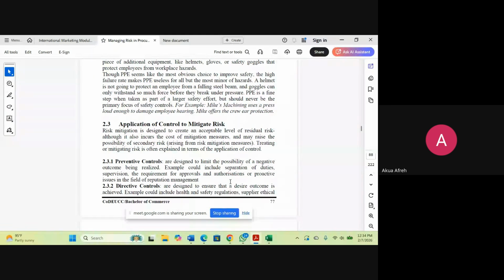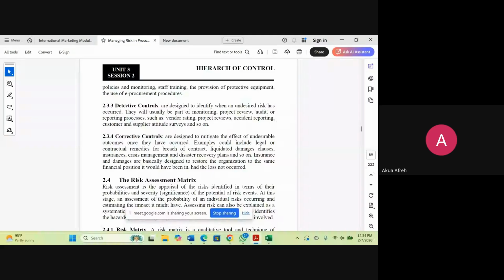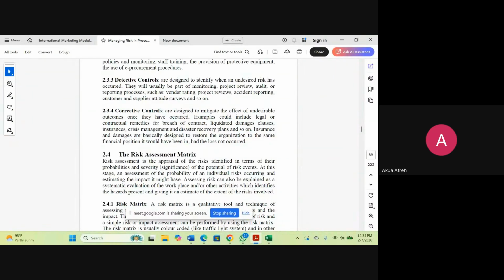Then we talk about the third one, the detective controls. With the detective controls, we identify that something has already gone wrong. This is a reactive approach that we use to mitigate risk. You know that an undesired risk has happened, that fraud is going on. So we know that this is happening already, but we want to correct it.